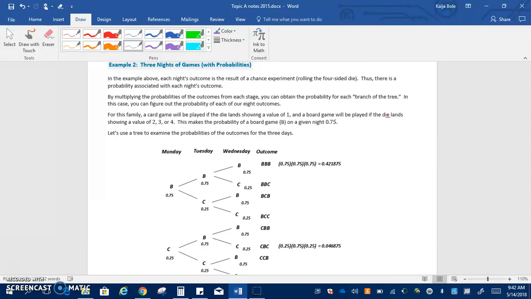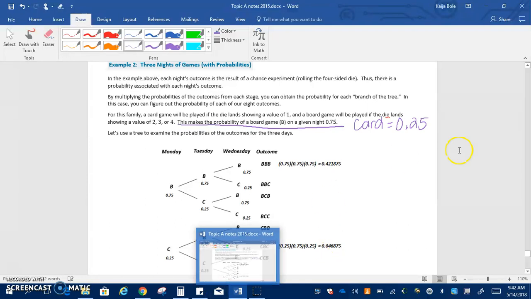For this family, a card game will be played if a die lands showing a value of 1, and a board game will be played if a die lands showing a value of 2, 3, or 4. So this makes the probability of a board game on a given night 0.75, which means that a card game, if we subtract that from 1, would have to be 0.25.